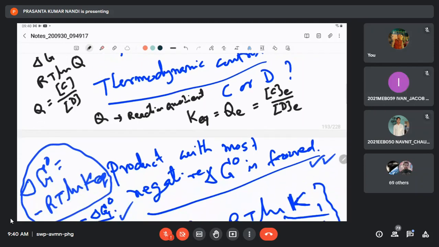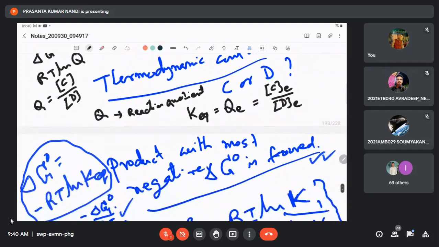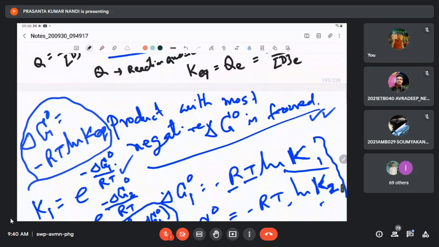I am not going to derive it, but it is straightforward. At equilibrium, what is the value of delta G? Zero. So in that case, can we write delta G0 equal to minus RT ln K eq? Clear?